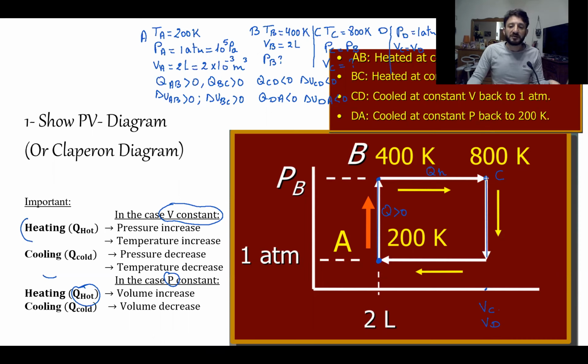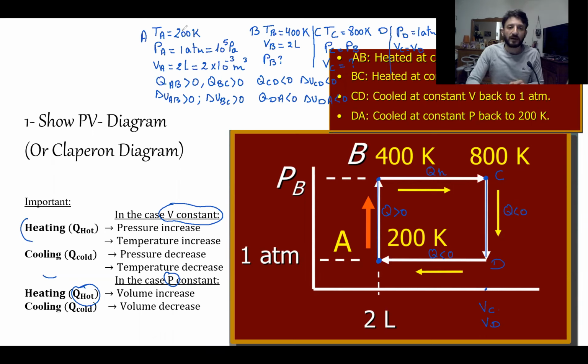We go to the point D, which has the same P as A. So here we have the point D, and we have cooling, so Q must be negative, and here also we have Q must be negative. Like this, you can know the PV diagram or Clapeyron diagram.